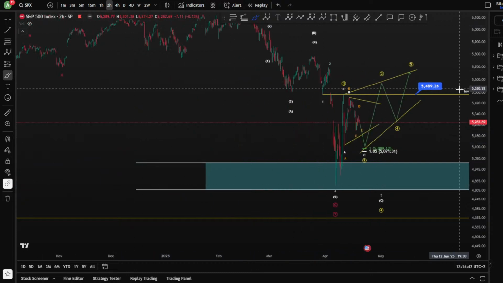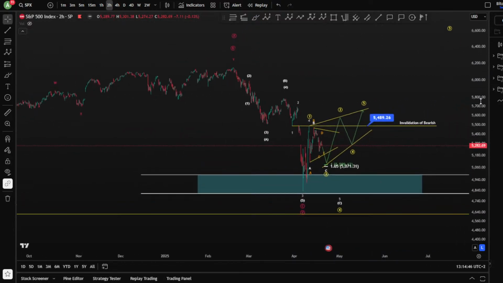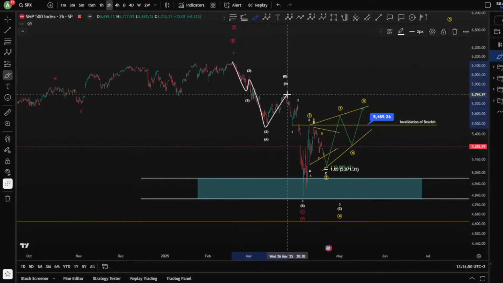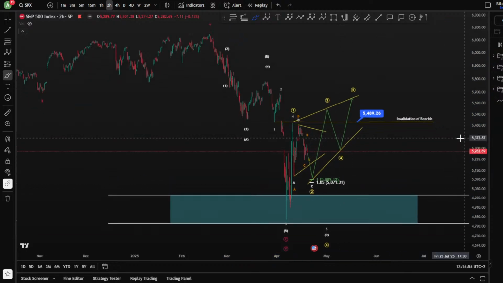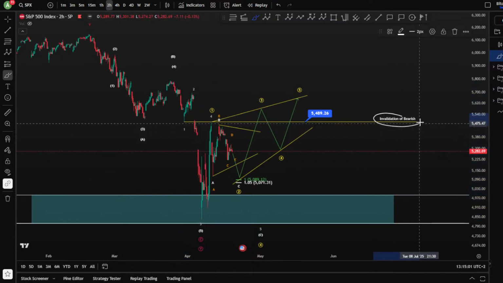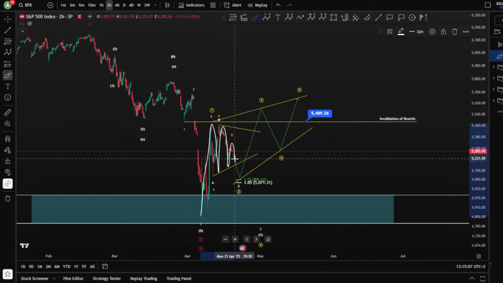Don't forget, in a bigger overview for the market right now, we are in an impulse, where we are also looking at 1, 2, 3, 4, and 5. You are in a formation of a wave 5. This wave 5 is a 1, 2, and then wave 3. Your wave 4 did not reach the invalidation, and that's why we might be looking at a triangle here, because a wave 4 loves to be a triangle.